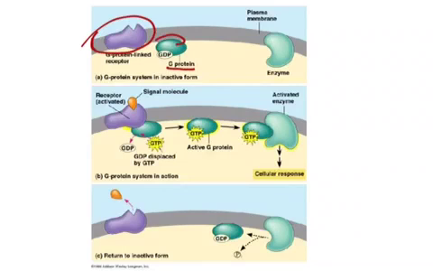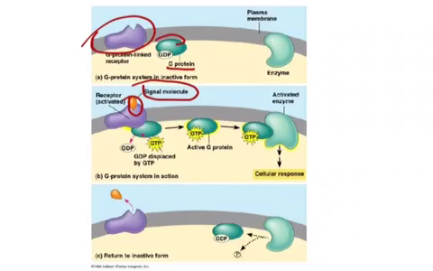Just a small correction there, GDP is guanosine diphosphate, not guanine diphosphate. So a molecule of guanosine diphosphate, GDP, is attached to a G protein, and in this form the G protein is inactive. So in this process, again, the peptide hormone, the signaling molecule, or the ligand, binds to the protein receptor in the membrane.